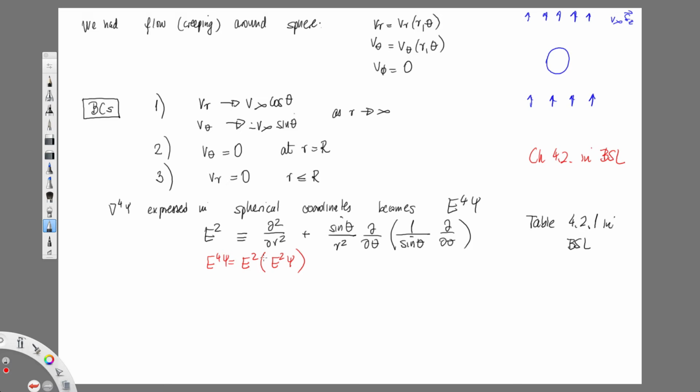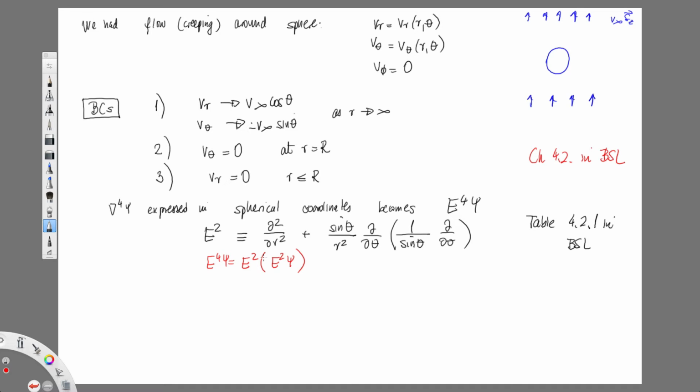Also, my velocity components are expressed slightly differently in terms of psi in the spherical coordinate system than in the Cartesian coordinate system.